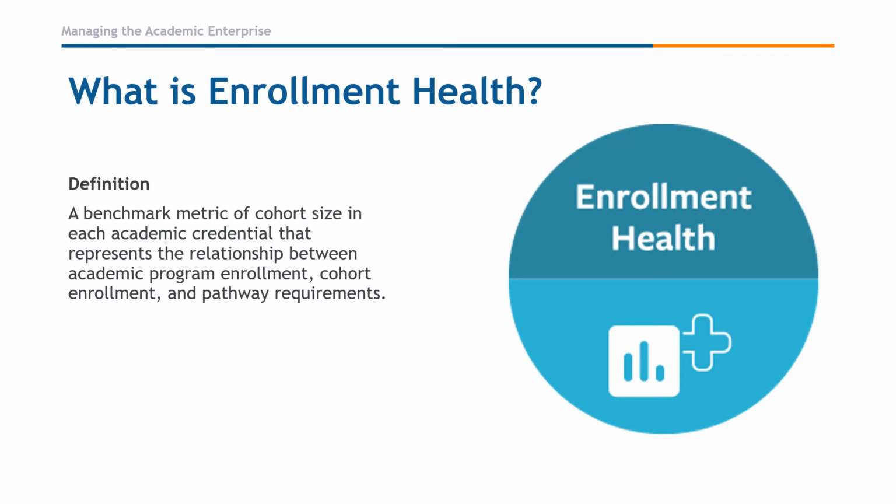So what is enrollment health? Well, enrollment health is not just an area that we look at in strategic enrollment management, but it's also a benchmark metric. It's a metric we can use to measure every cohort within every program of study and flag the cohorts that have unsustainably small or at least borderline cohort sizes so that we can try to manage those cohorts appropriately.